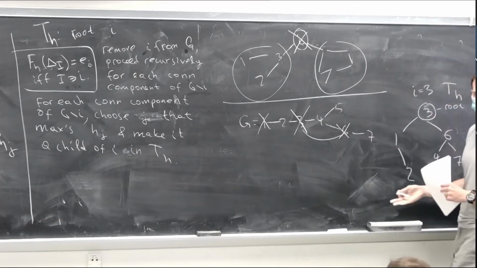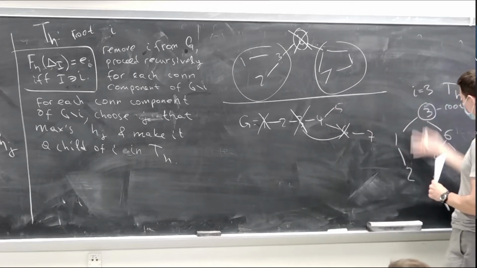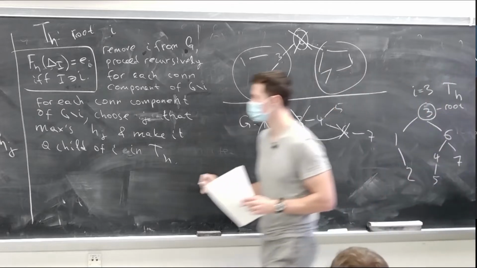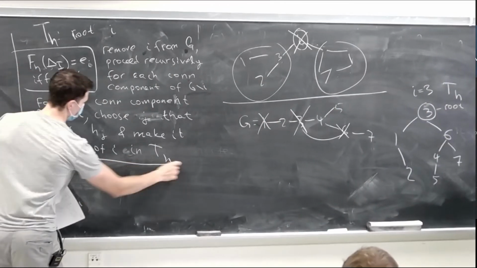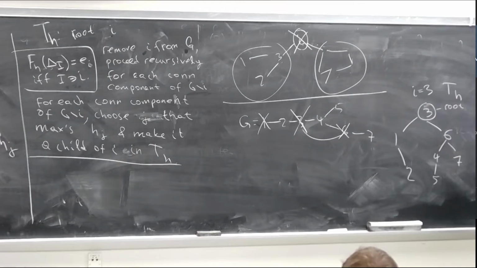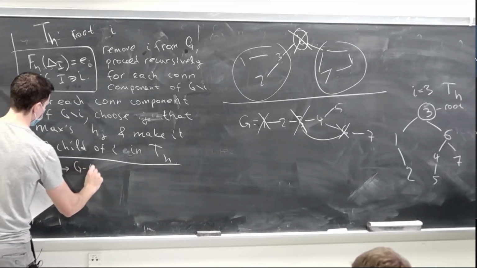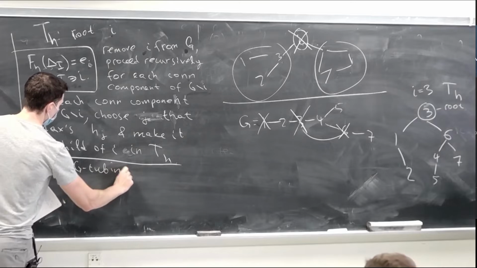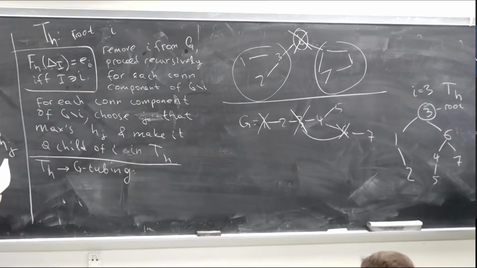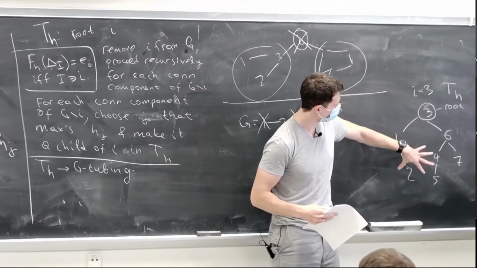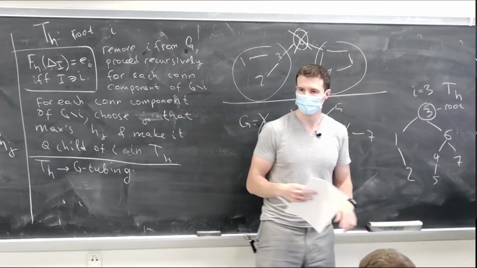So I get a tree. From any ordering of my original vertices, I get a tree like that. And then the claim is that such trees are in bijection with G-tubings. To get from a tree to a G-tubing, what I do is I look at each vertex and take all of its descendants, except for the root.